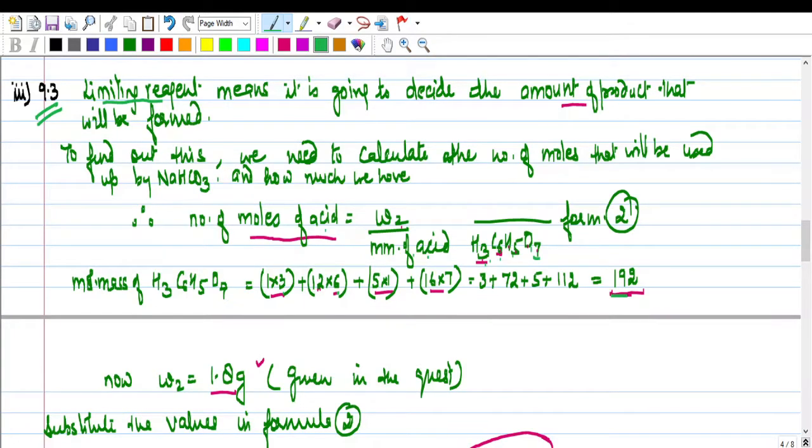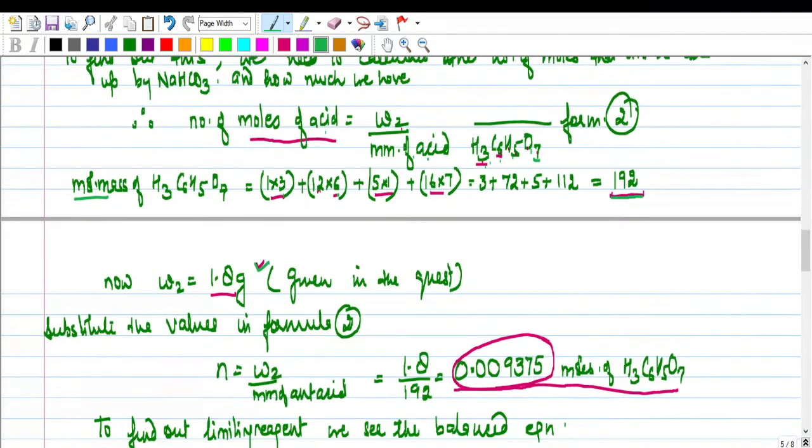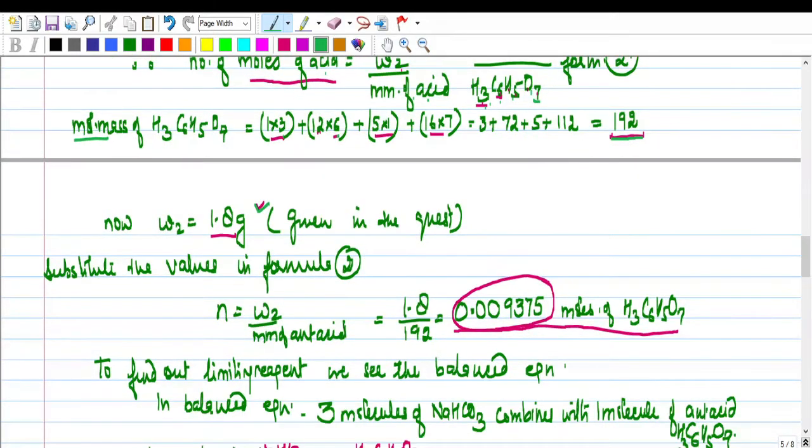So this comes out as 192. So the molecular mass of citric acid is 192 and the weight of citric acid is 1.8 grams. We substitute this in the second formula: number of moles is equal to weight of substance divided by molecular mass of acid. So 1.8 divided by 192, the answer is 0.009375 moles of citric acid.